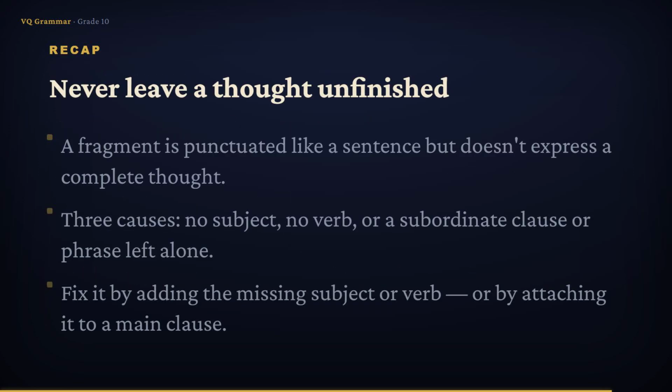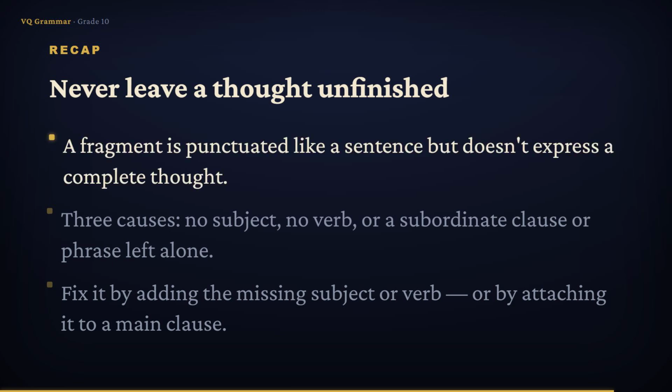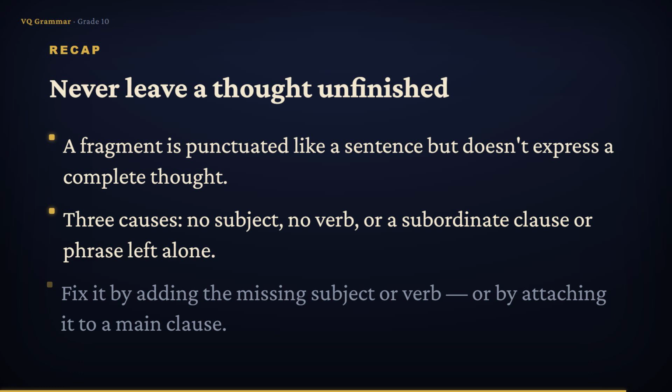Let's gather it all up. A sentence fragment is a group of words punctuated like a sentence. Capital letter, period, the whole costume. But it doesn't express a complete thought. There are 3 common causes. The subject is missing, the verb is missing, or a subordinate clause or a phrase has been left standing all alone.